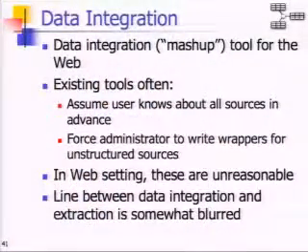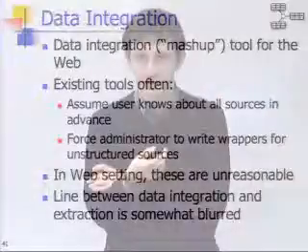And they also ask an administrator to write wrappers for existing data sources. So if your data source doesn't come in XML, there's not much you can do with most mashup tools out there. But these assumptions are totally unreasonable for the vast majority of data out there. Users are never going to know about all the data sources, the vast majority of data doesn't have wrappers around it, and we don't want to ask an administrator to write a wrapper for the top 5,000 web domains.